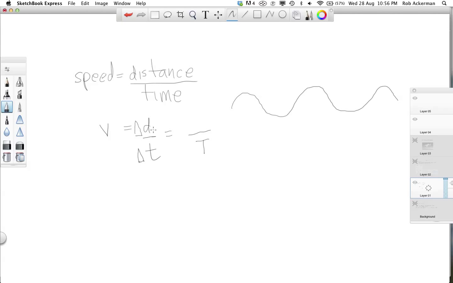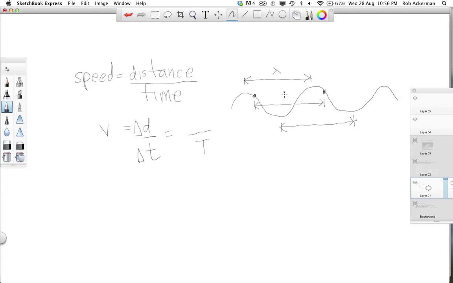And delta d, the distance that a wave moves in a cycle, is actually the wavelength: the distance from one crest to another crest, or from a trough to a trough, or really the distance from any point on the wave to the very next point that's in phase with that. So for example, these two points that I kind of randomly chose, any of these distances would all be the same.